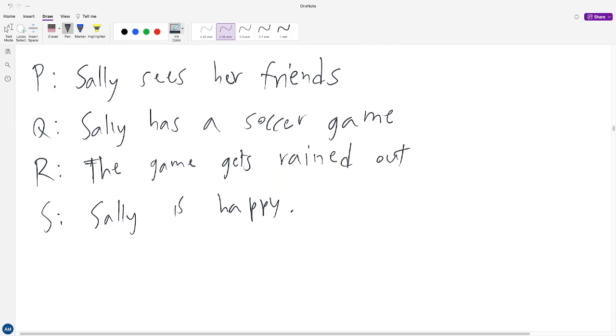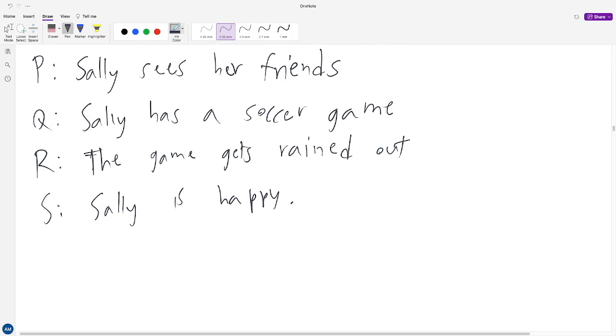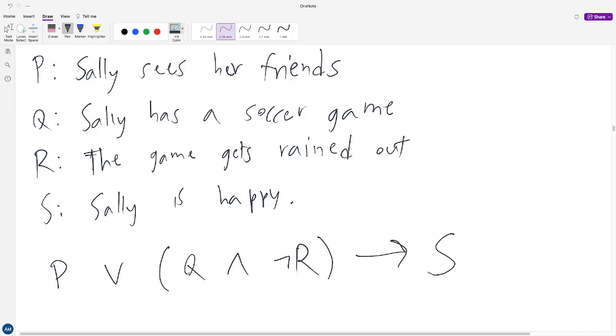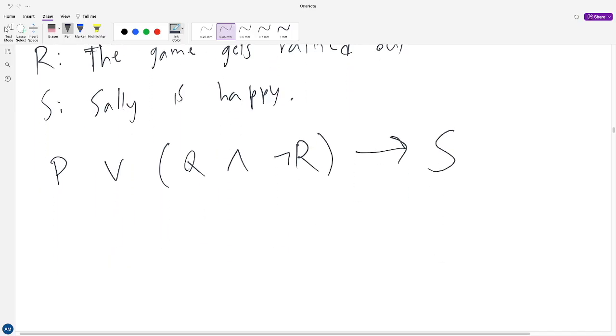So I have these 4 atomic propositional statements, and I can make a more complicated statement by using connectives. I can say P or Q and not R implies S. So what am I saying here?